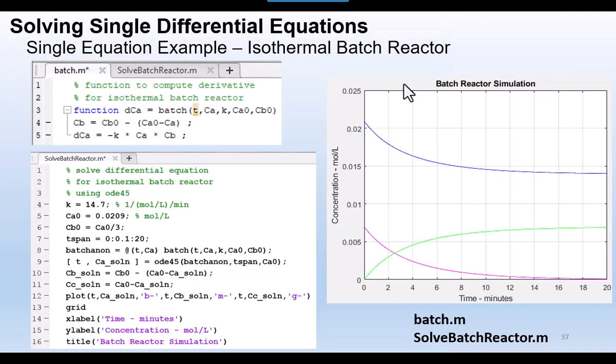And this corresponds to the first way that we did it, where we only include in our batch function the derivative here, and then we solve for that, but at the end we unpack the CA solution into CB and CC solutions using the reaction stoichiometry and carry out our plot.